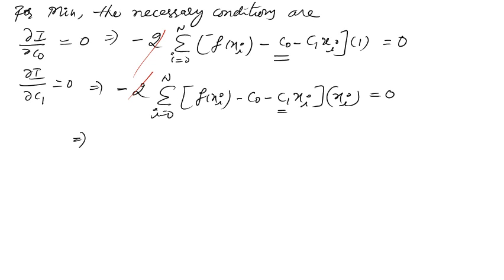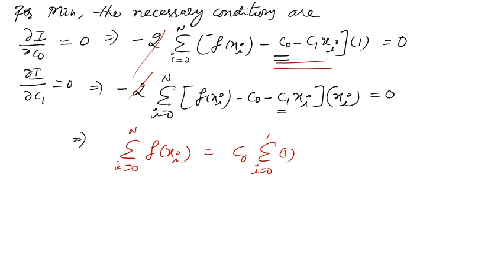Then what do the normal equations become? See, keep the f terms on the left side: the sum over i equal to 0 to n of f of xi equal to, taking these terms onto the right side, c0 is the constant, so the sum of 1 for i equal to 0 to n plus c1 into the summation, which is only for xi terms, so keep xi terms within the summation.